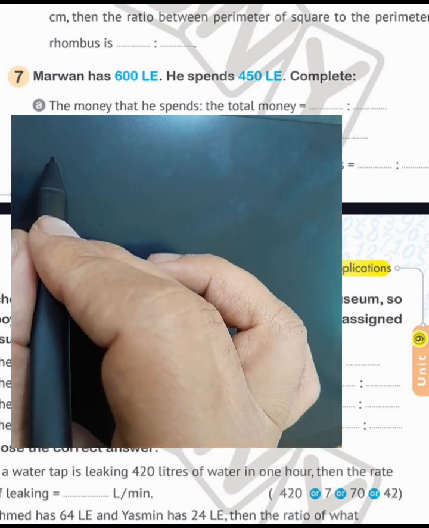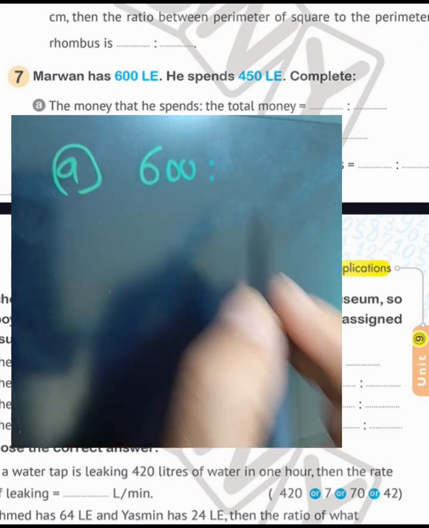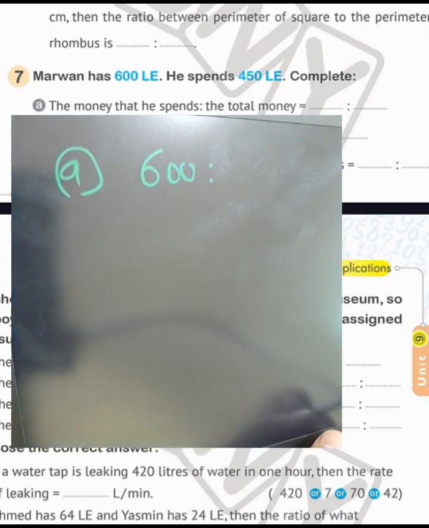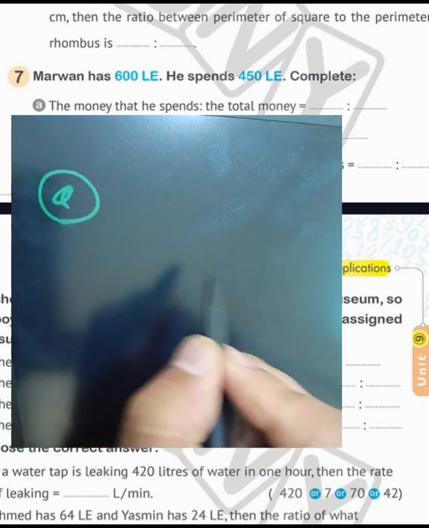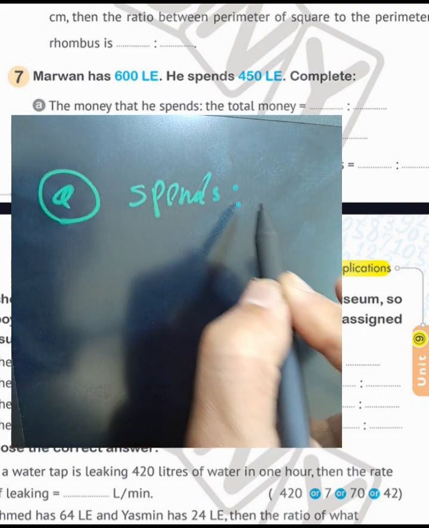This is the total, about letter A. The total was 600, with Marwan now 600 lira. He spent 450, and what about the ratio between what he spent to the total?